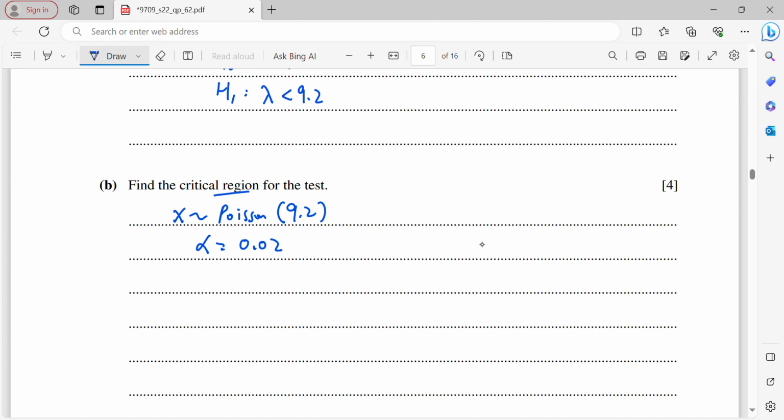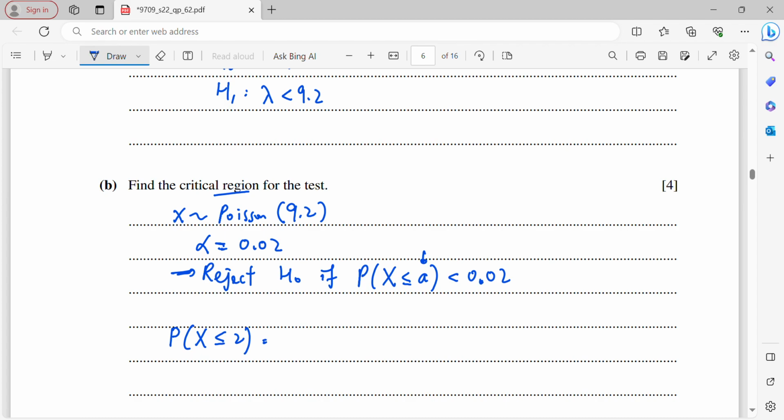Basically from the alpha, our rejection criteria is going to be: reject H0 if P(X ≤ a) < 0.02. So now I need to find what my a is here. My a, X ≤ a, is my critical region. Okay, so now I start with P(X ≤ 2).